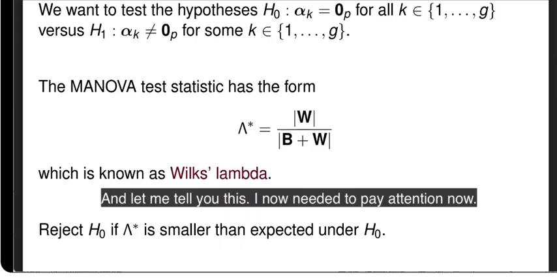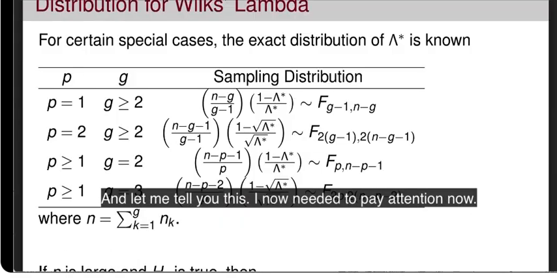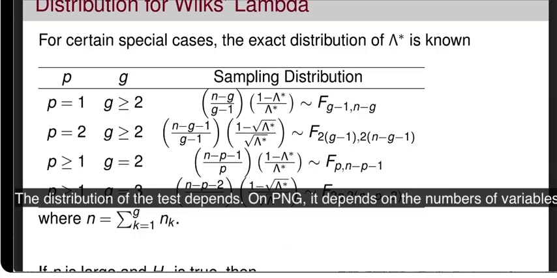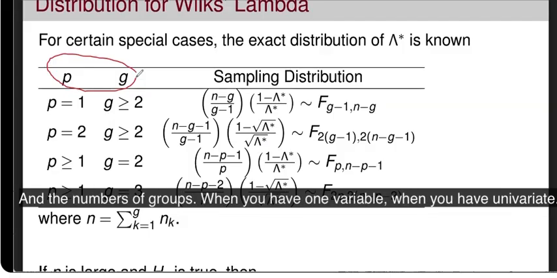Now I need you to pay attention. What will be the distribution of the test? The distribution of the test depends on p and g. It depends on the number of variables and the number of groups.